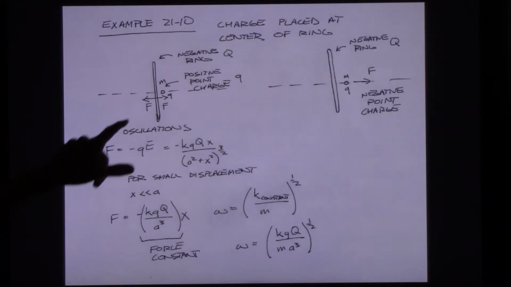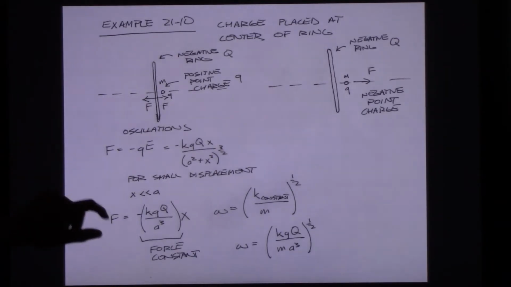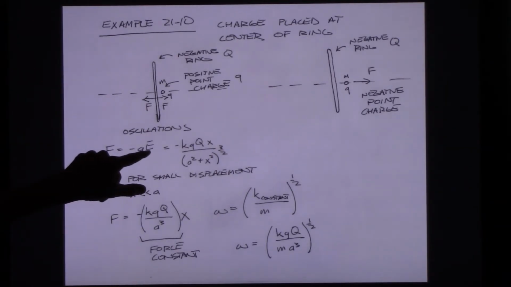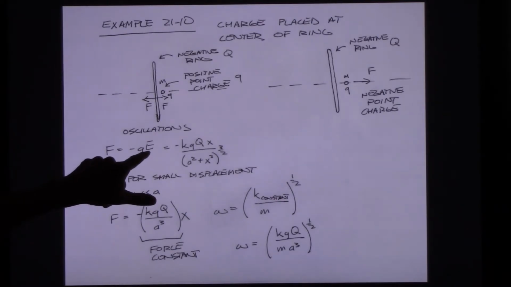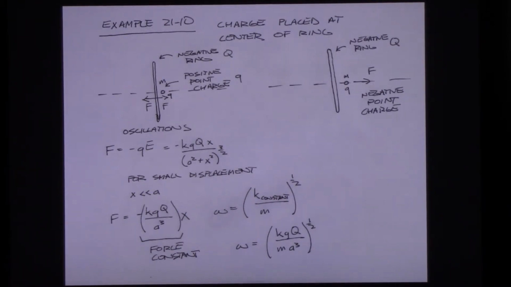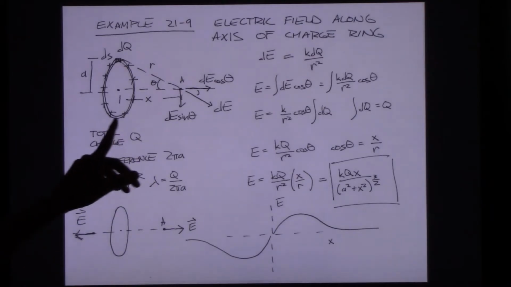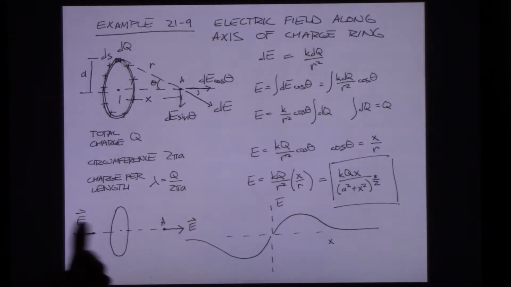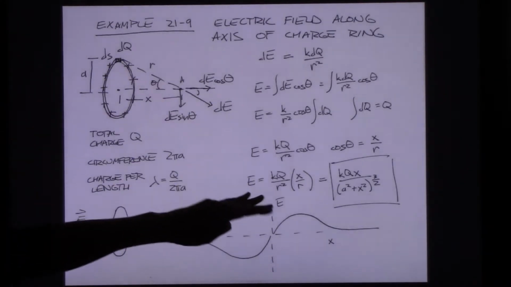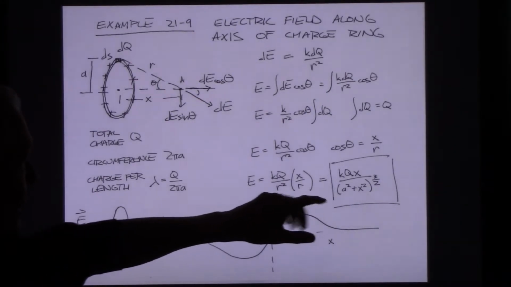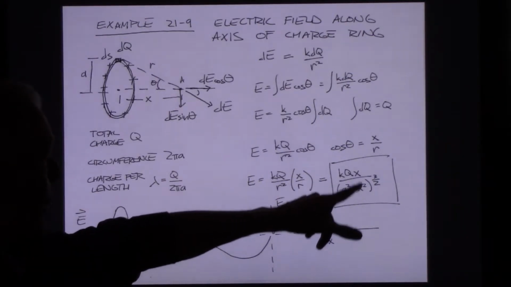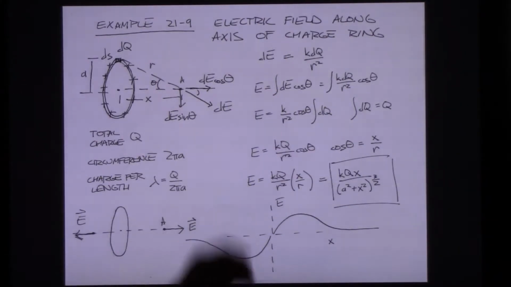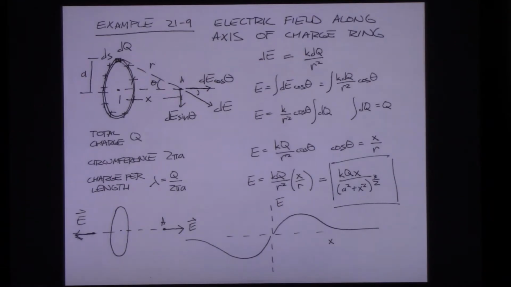The force we're going to have here is equal to negative q times E. That's how much force a charge q would have in an electric field E. And going back to example 21.9, the electric field is given by this expression right here: kq times x over (a squared plus x squared) to the 3/2. That's the electric field.